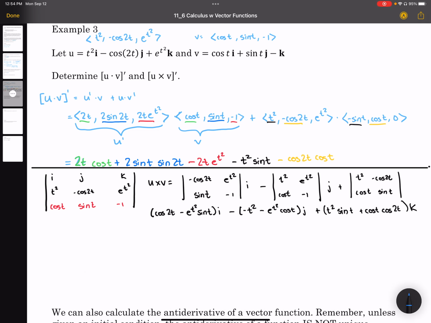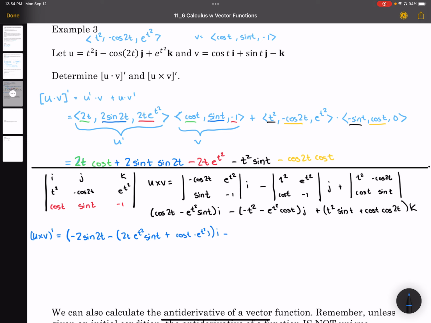So we're going to say u cross v prime is equal to, for that first term, the derivative of cosine 2t, which is negative 2 sine 2t, minus the derivative of e to the t squared sine t. So that's going to be 2t e to the t squared sine t plus cosine t times e to the t squared. And all of that is i.